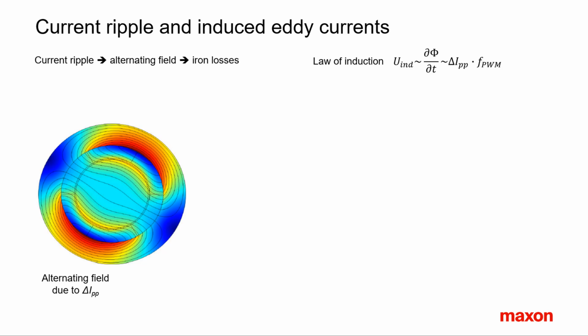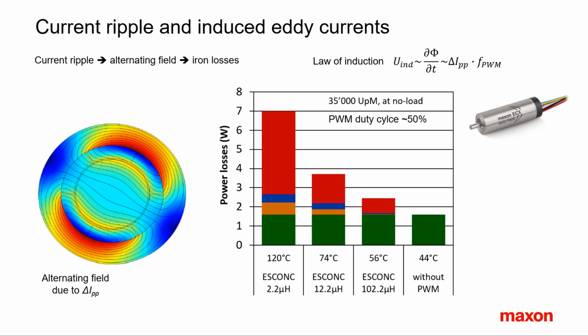The Maxon lab has tried to quantify these effects with measurements and simulations with the following results. From left to right, the additional inductances increase. The motor speed is 35,000 RPM. That's not extremely high for this motor, but the PWM duty cycle is the worst possible. It is 50%.